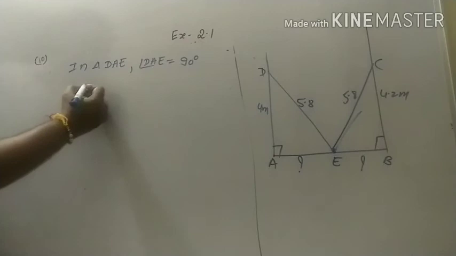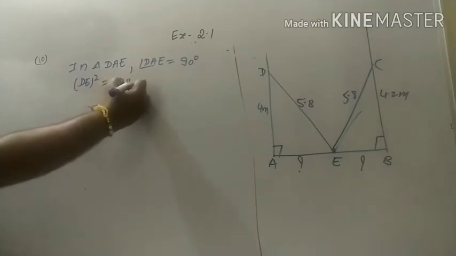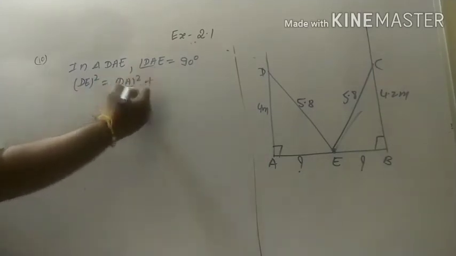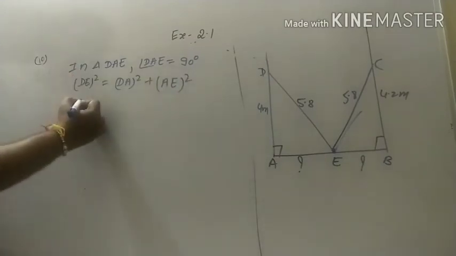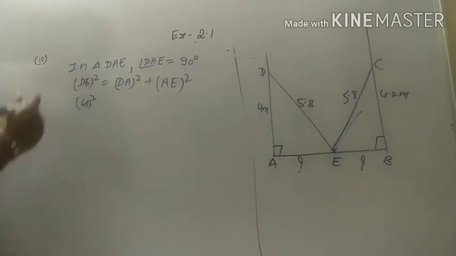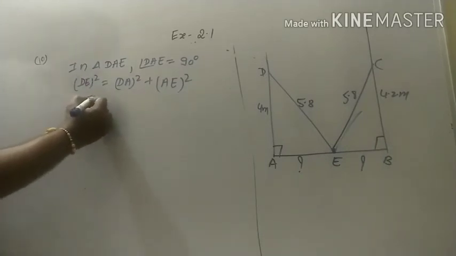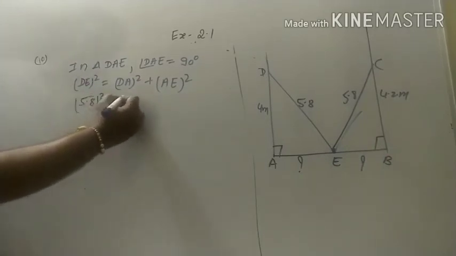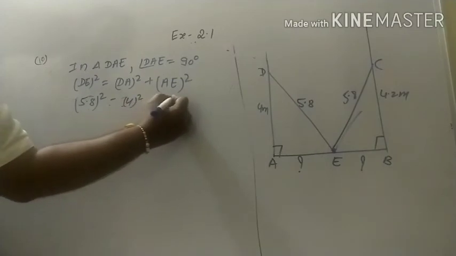Therefore, DE square is equal to DA square plus AE square. Now DE is the ladder, which is 5.8 square, and DA is 4, so 4 square plus AE square.